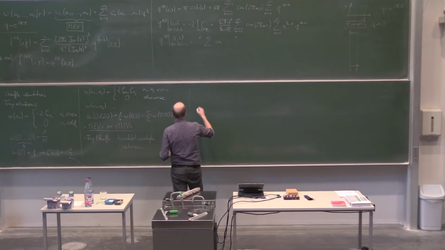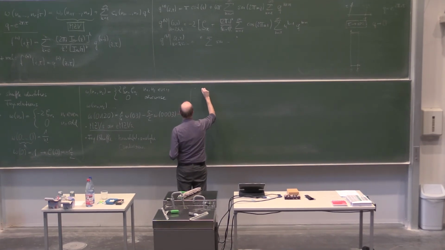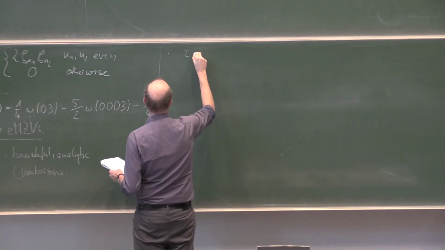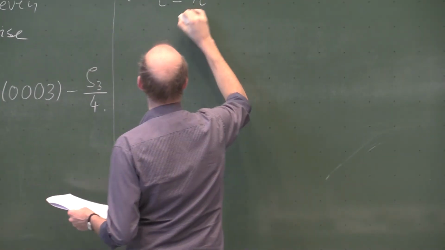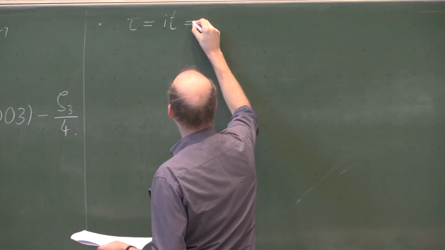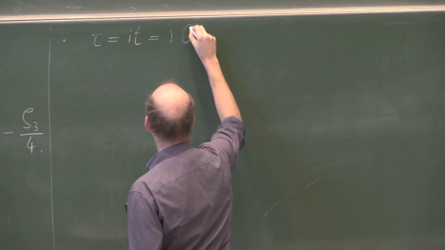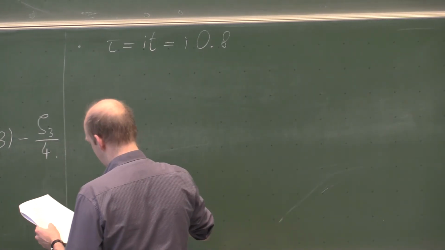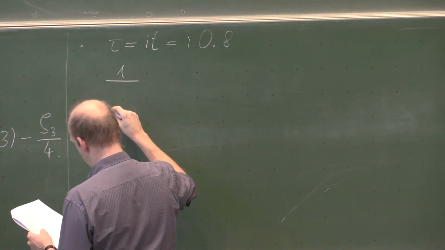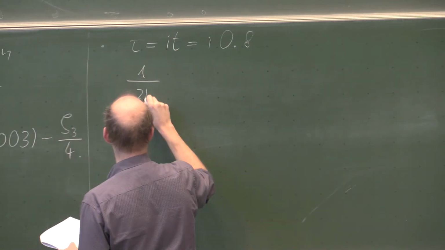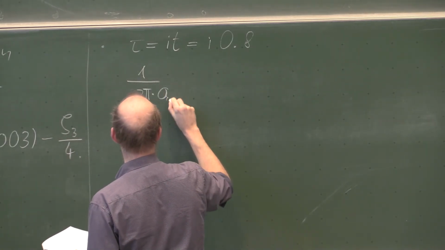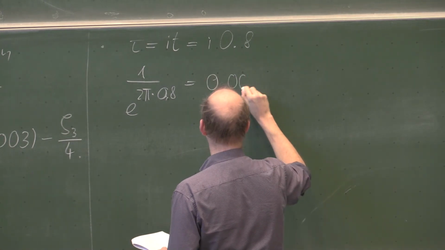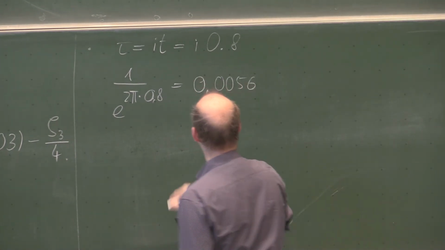Just to write it down, if you take tau equal to IT, so purely imaginary, equal to I times 0.8, then you already get that 1 over e to the 2 pi times 0.8 is something like 0.0056.